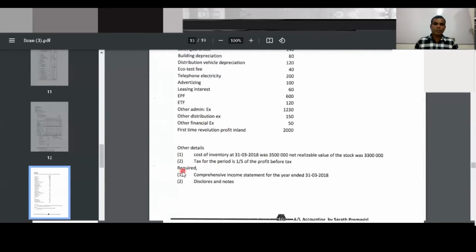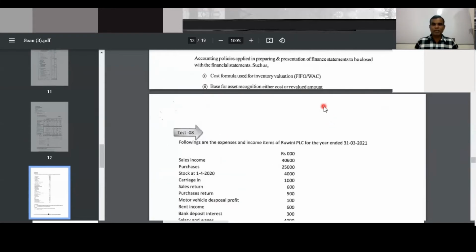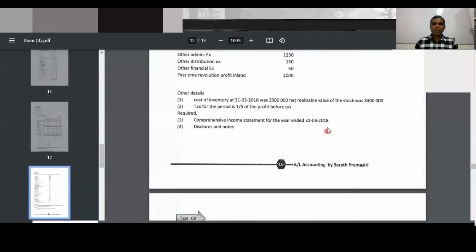You are asked to prepare a comprehensive income statement for the year ended 31st May 2021, and disclosures and notes.